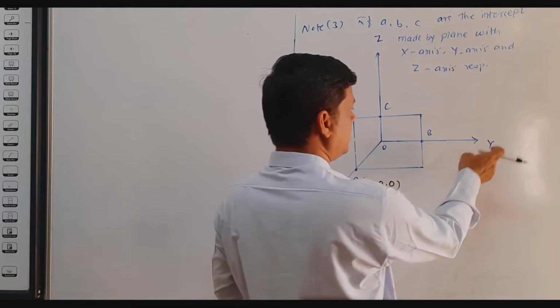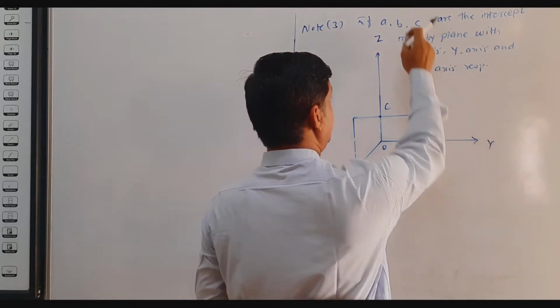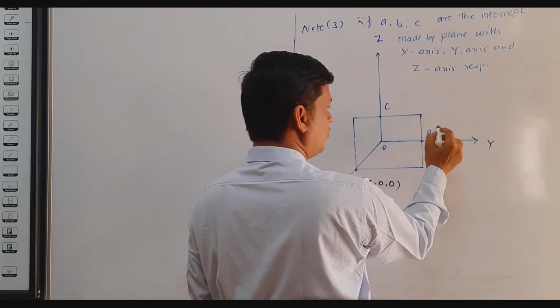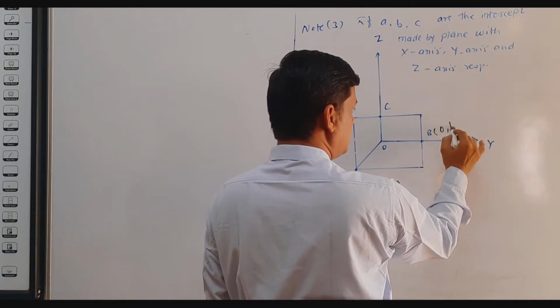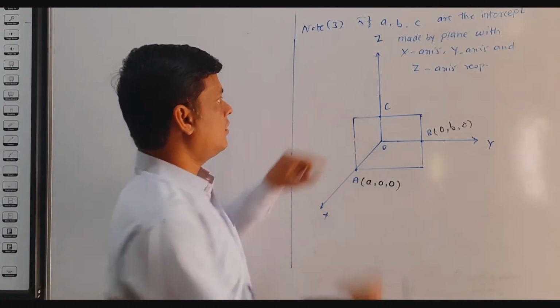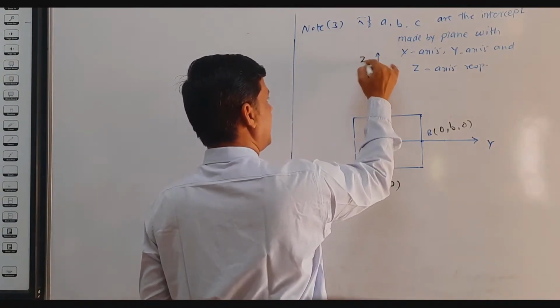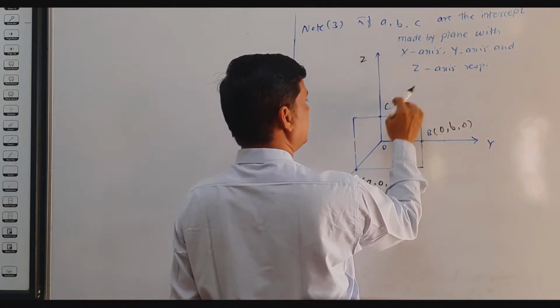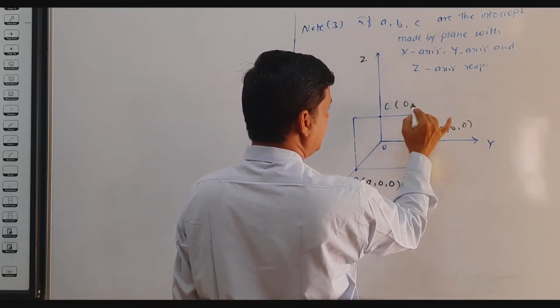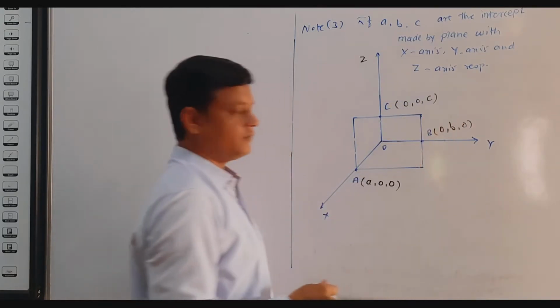This plane intercepts the y-axis at point B, whose intercept is b. So the coordinate of point B is (0, b, 0). And this plane intercepts the z-axis at point C, and its intercept is small c. So we write the coordinate of point C as (0, 0, c).